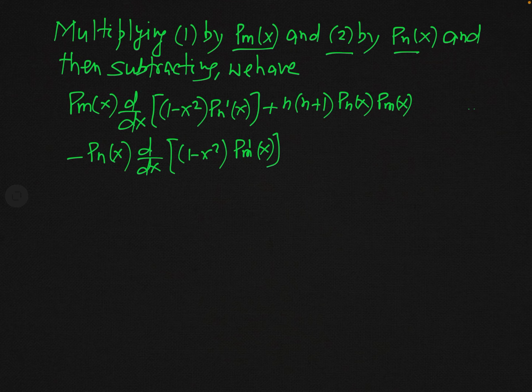And due to this minus, this term will also be minus. So this will be minus m into m plus 1 into Pn of x into Pm of x. And since in the RHS there was 0 in both terms, this will be again 0.